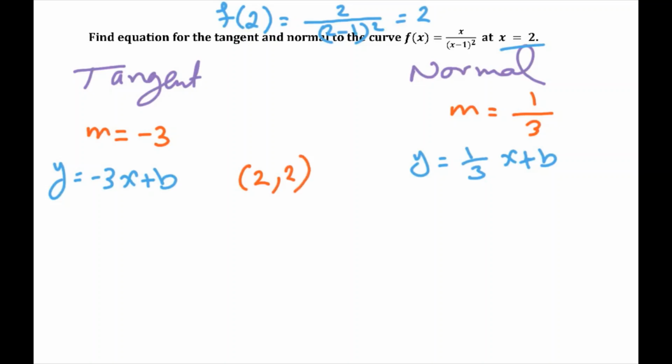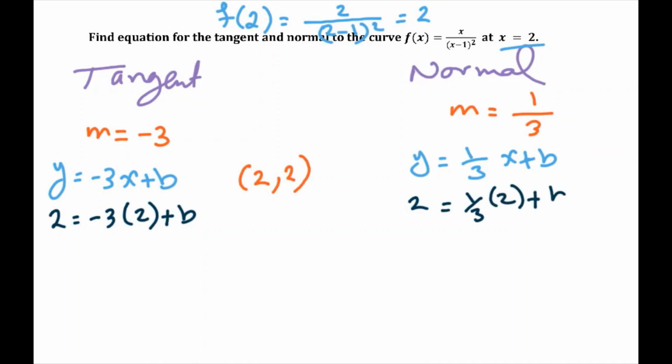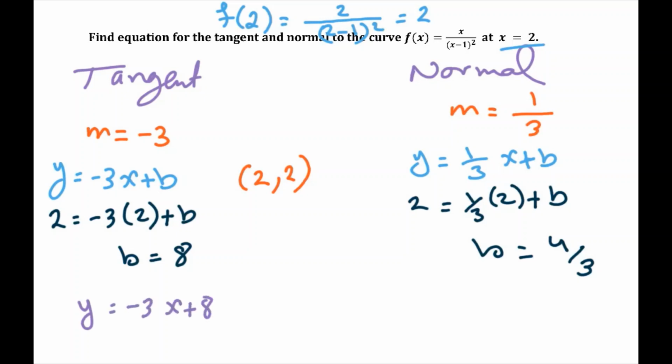So you are going to substitute both equations by 2 and 2. b here will be 8, and b here will be 4 over 3. So the equation of the tangent, y equal negative 3x plus 8. The equation of the normal, y equal 1 over 3x plus 4 over 3.